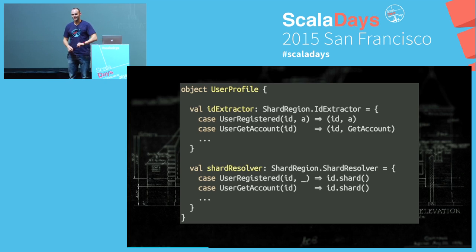Shard resolver does exactly the same thing. Given a message, which shard, a string, does it go to? And the job for your code is to make the shards roughly equally sized. So one of the approaches could be to take the ID, make a hash code and modulo 10. That will solve it.